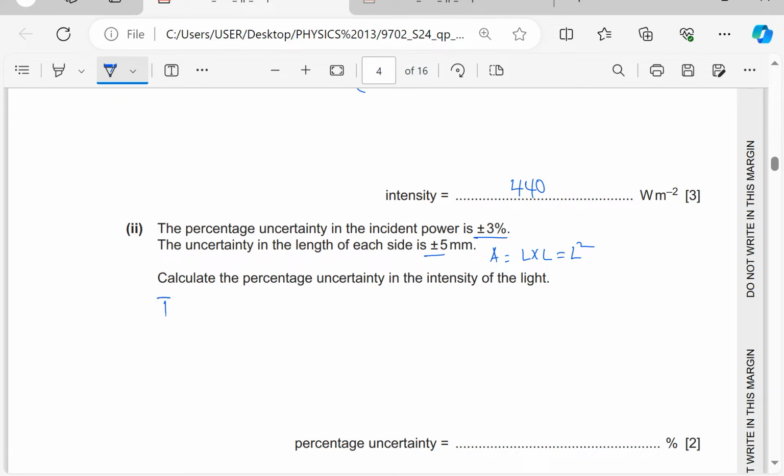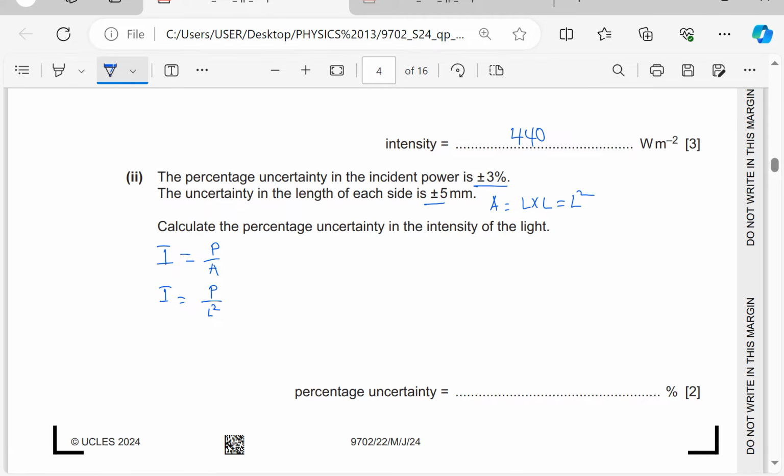Intensity is equal to power over the area, which is side squared. So the percentage uncertainty in intensity is going to be the percentage uncertainty in the power plus twice the percentage uncertainty in L, because L is squared.